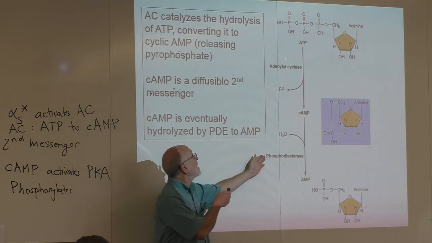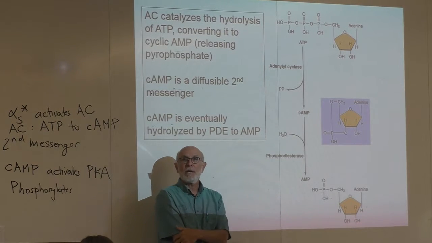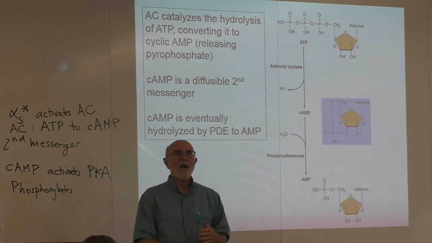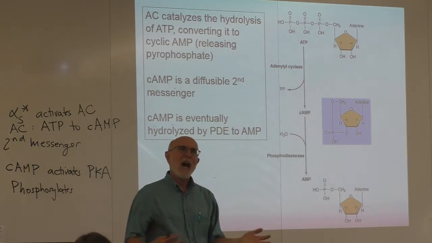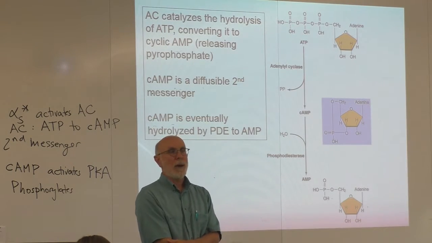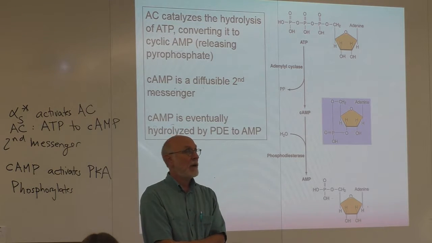But if this stimulus goes away, the phosphodiesterase will eventually bring the cyclic AMP concentration back down. So be aware of constitutive enzymes, that is to say enzymes that are constantly at work, that can either be part of an activating pathway or a turning off pathway.